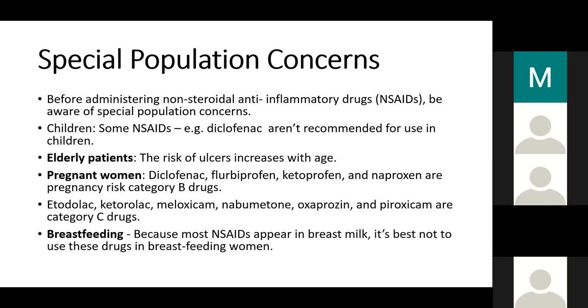Then for category D, there is positive evidence of human fetal risk. But if the potential benefits warrant the use of the drug in pregnant women, you can use it despite the potential risk. So an example is losartan.